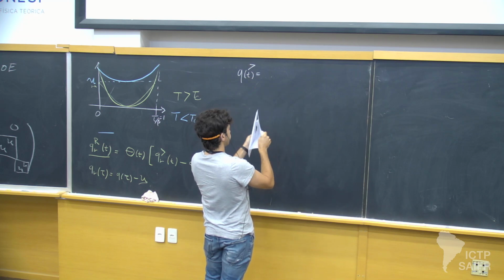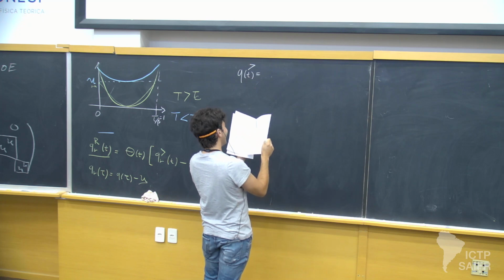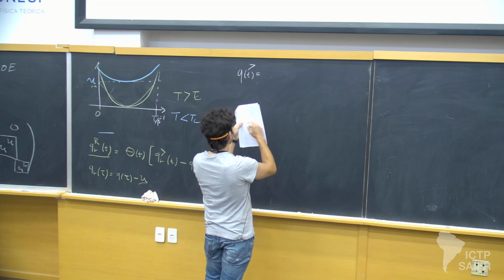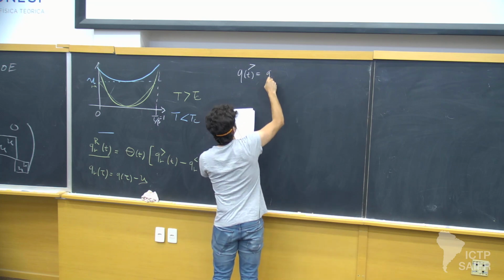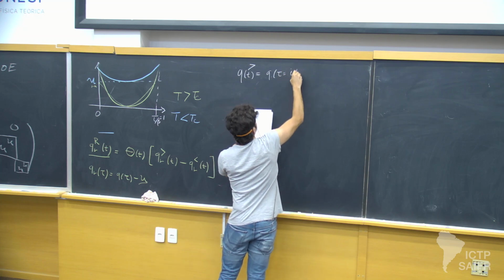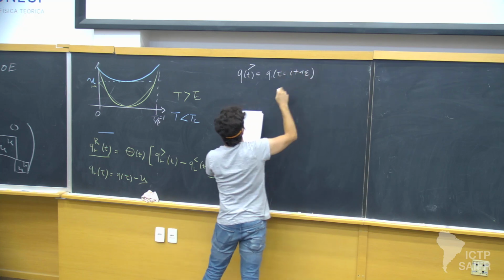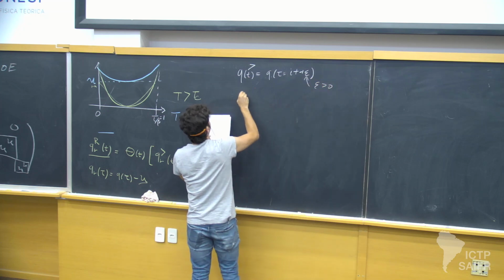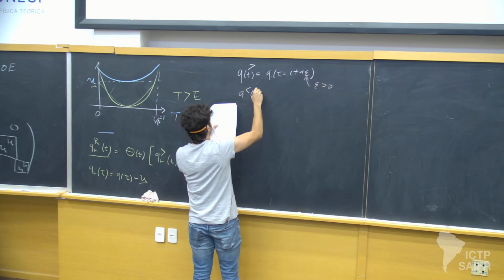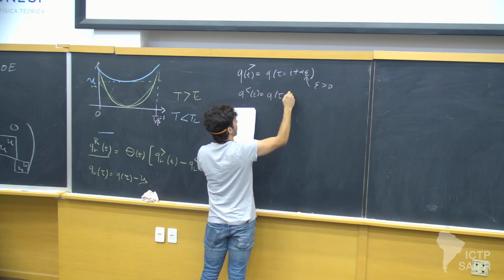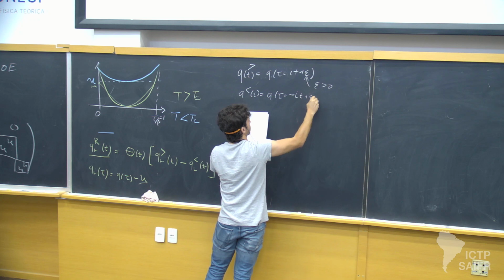Sorry for the delay. Give me a moment. I need to find it. Ah, yeah, here we go. Where epsilon is greater than 0, and Q less of t was Q of tau equals minus it plus epsilon.